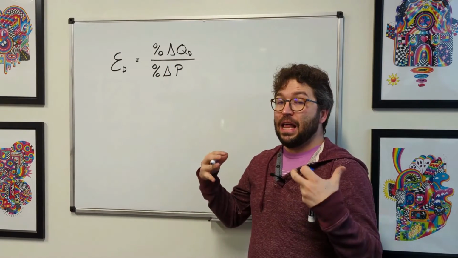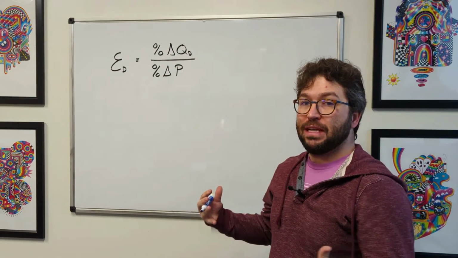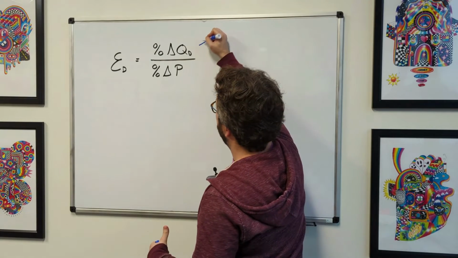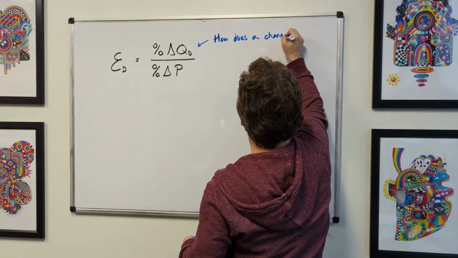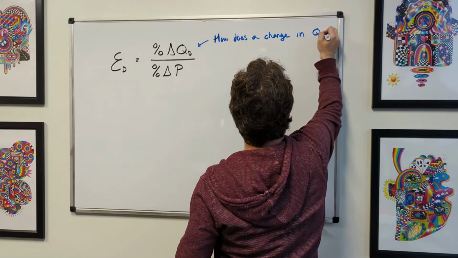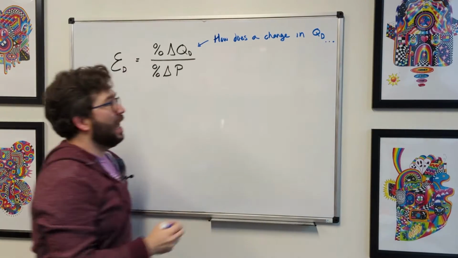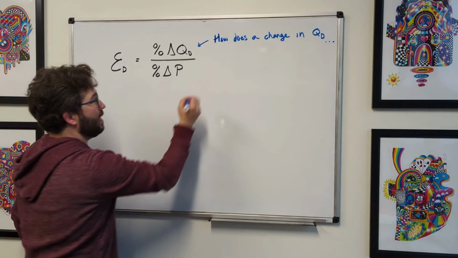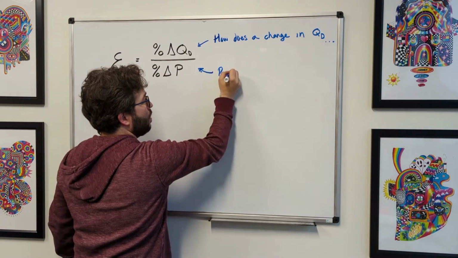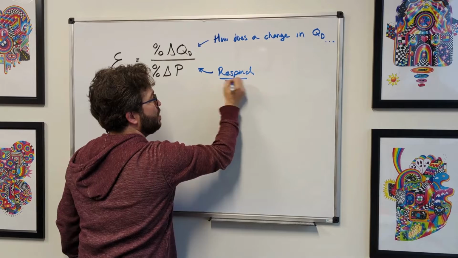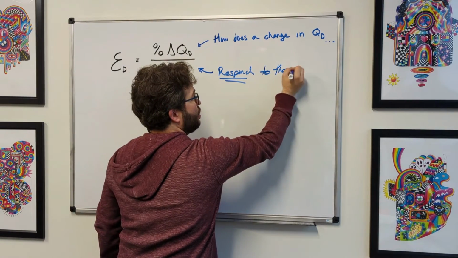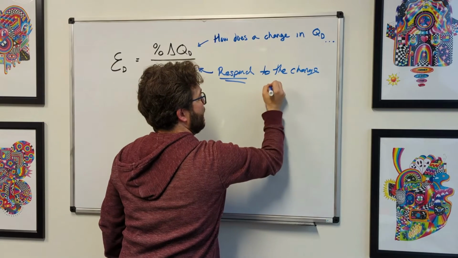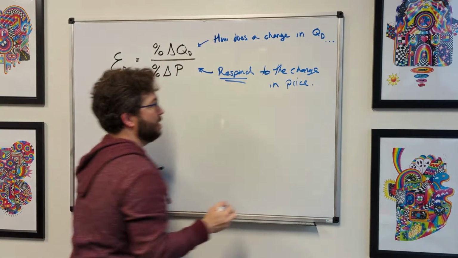The way I love to talk about this with my students is we look at the top. How does a change in the quantity demanded respond, because we know elasticity is about responsiveness, respond to the change in price?